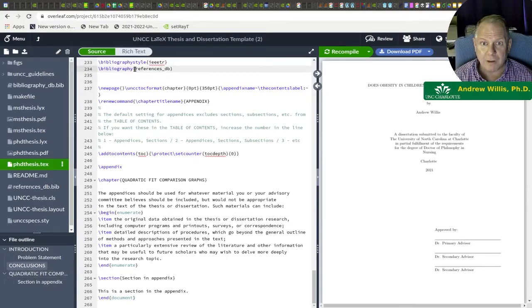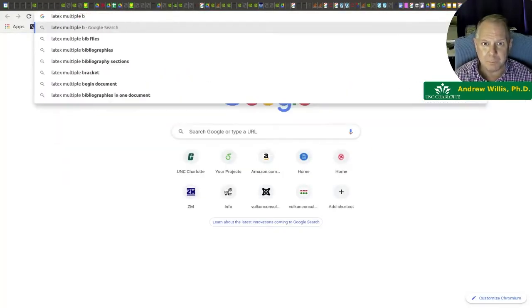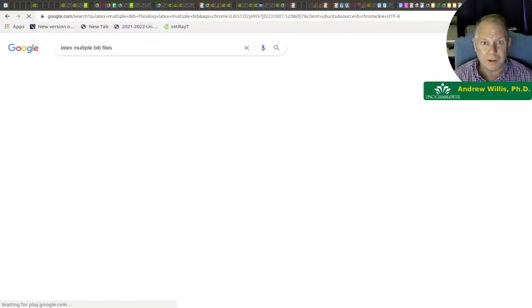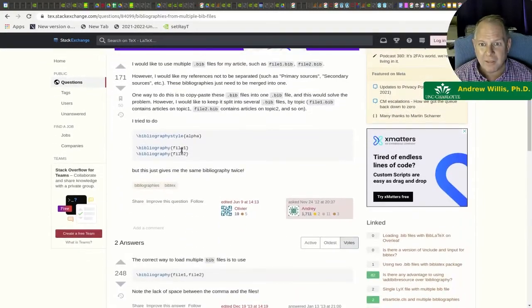The bibliography uses references_db. I could just substitute, but how do I add multiple? So, LaTeX multiple bib files. Okay, it turns out that you can just list them with commas. I already have a bibliography file there.